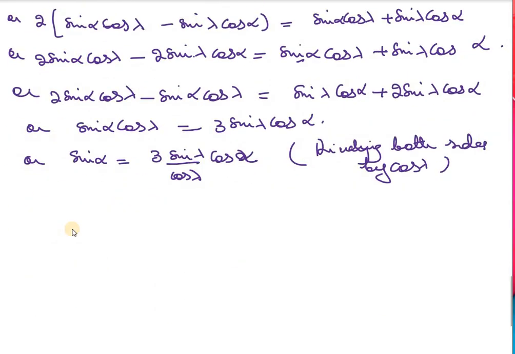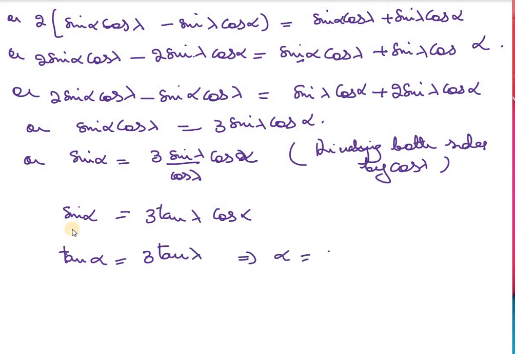So this will be equal to 3 tan lambda into cos alpha, and from the left hand side it is sin alpha. Now again you divide both sides by cos alpha. From the right hand side the cos alpha will get cancelled, whereas on the left hand side it will be sin alpha by cos alpha, which gives you tan alpha is equal to 3 tan lambda. So this implies that alpha is equal to tan inverse of 3 tan lambda.